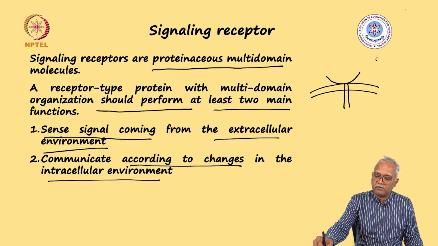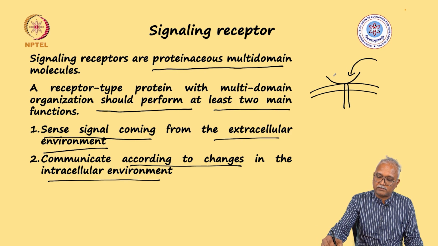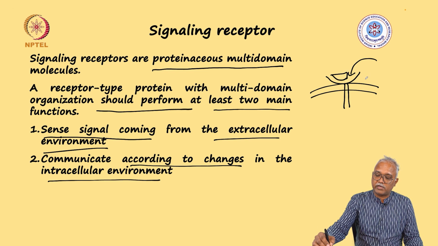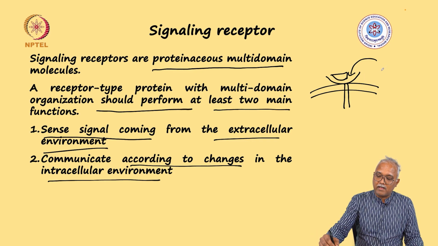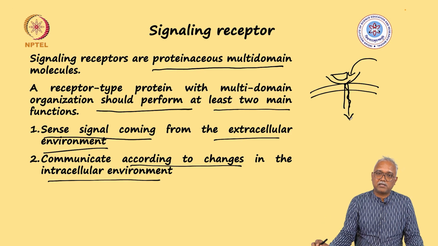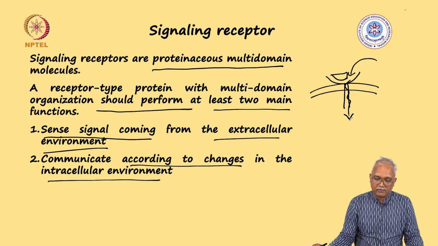So it should be able to bind to the signal. Consider this as your signal. Once it binds to the signal, it has sensed the changes or the message in the extracellular environment and then somehow transmits this inside the cell, in the intracellular environment.